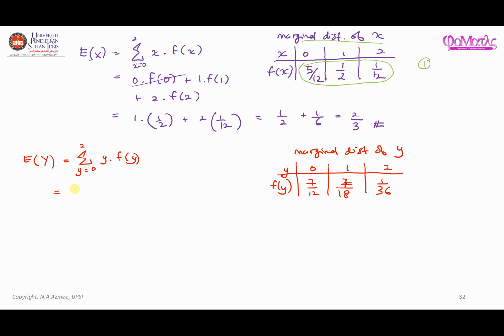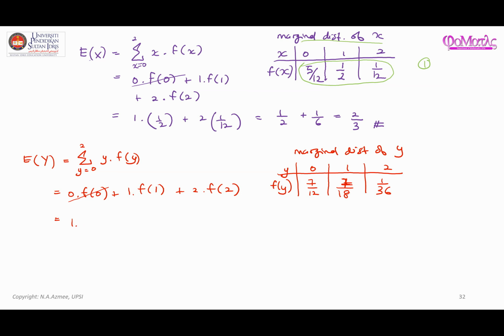We begin with when y is 0, it has to be multiplied with f(0). When y is 1, that is f(1) plus 2 f(2), and we know the first term results in 0.